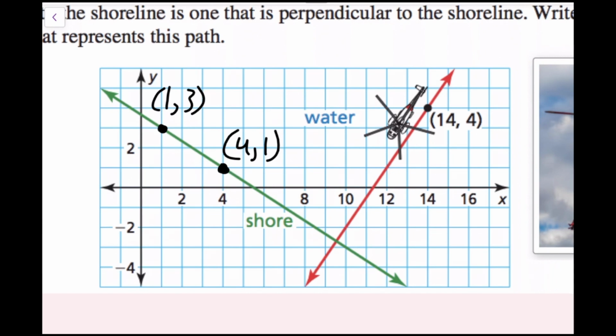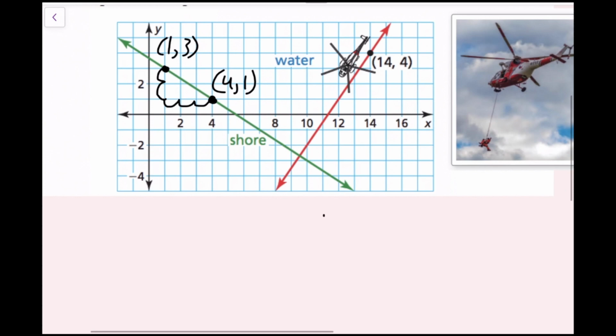Now, all I need to do is rise over run to figure out my slope. Moving down 2, and then right 3. So I can instantly tell that my slope, change in y over change in x, is going to be -2 over +3.